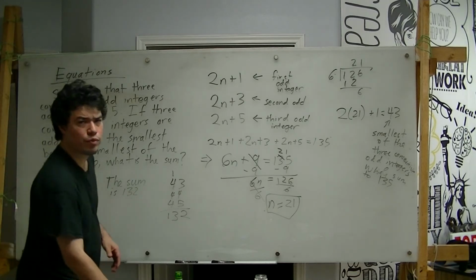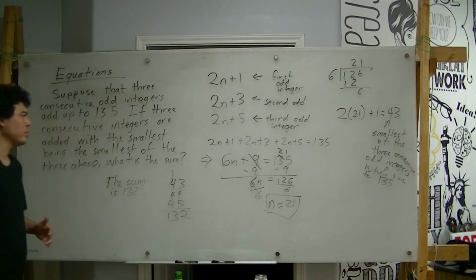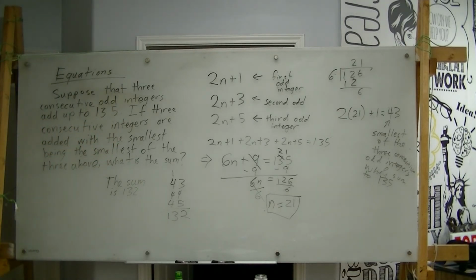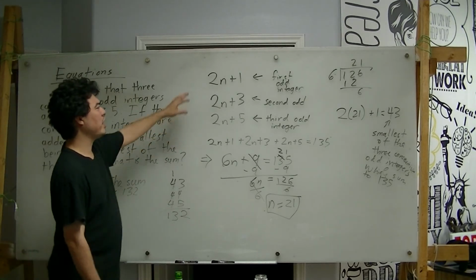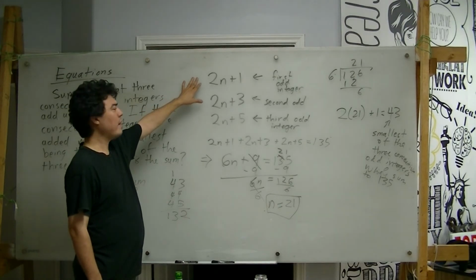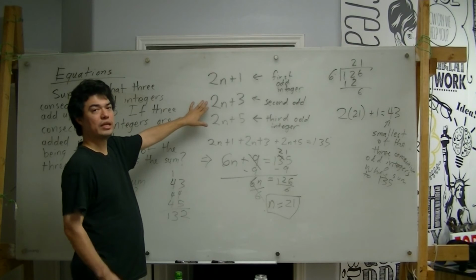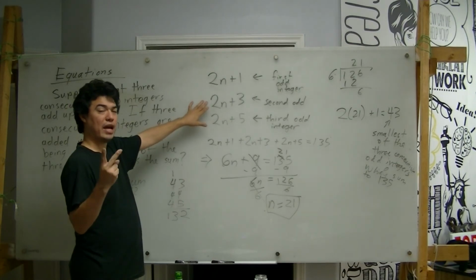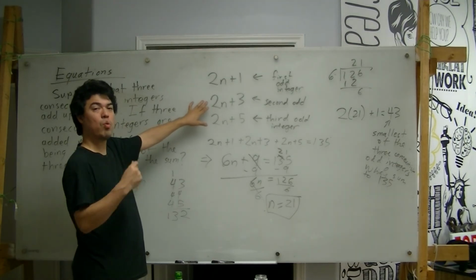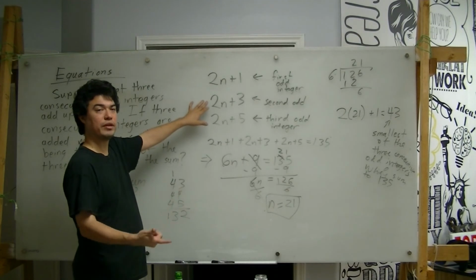Let me just briefly recap because I think it's important to see everything that went on here. First of all, this sentence: suppose that three consecutive odd integers add up to 135. We saw that we could represent an odd integer as 2n plus 1. And we also saw that to get the consecutive odd integer, we didn't add 1, we had to add 2, because if we just go 1 forward from an odd, we get an even.